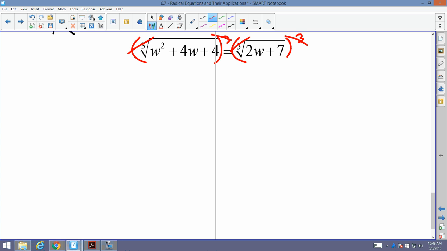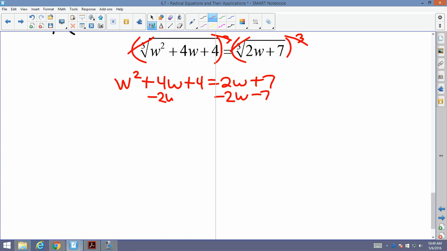Excellent. So I've got w squared plus 4w plus 4 equals 2w plus 7. So now I just subtract 2w and subtract 7 from both sides. That's exactly correct. And I've got w squared plus 2w minus 3 equals 0.